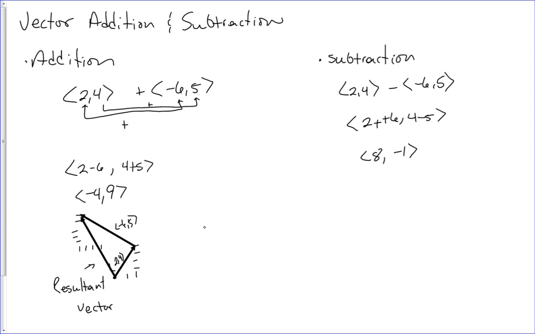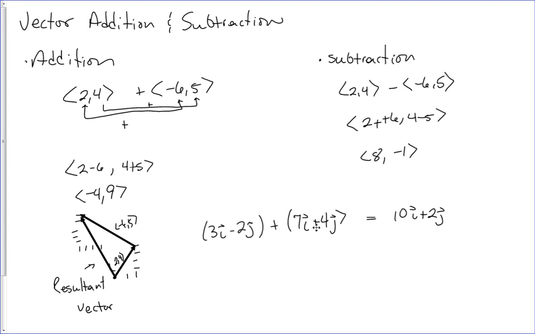So for instance, if we had 3i minus 2j, and we wanted to add to that 7i plus 4j, you'd simply add 3 and 7 and get 10i. And then you'd add the negative 2 and the 4 to get plus 2j. If this was subtraction, you would have subtracted them and gotten a negative 4, and then here you would have gotten a negative 6.